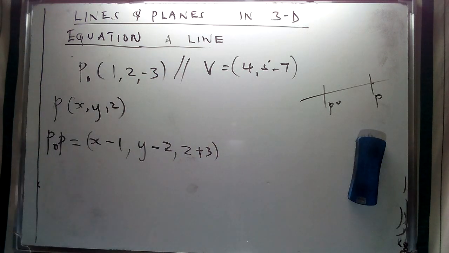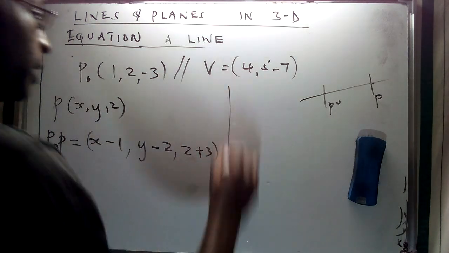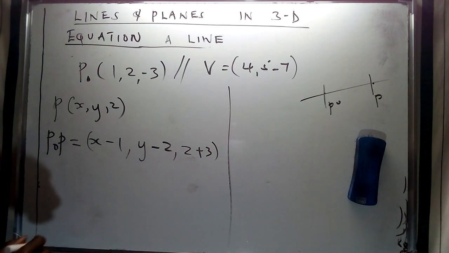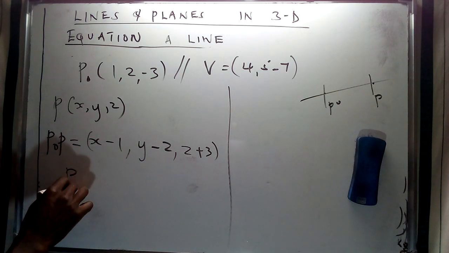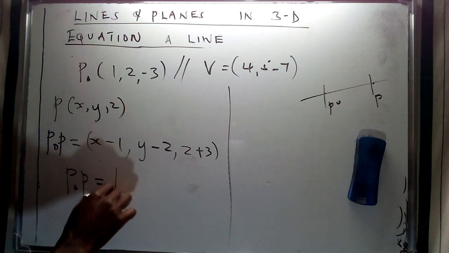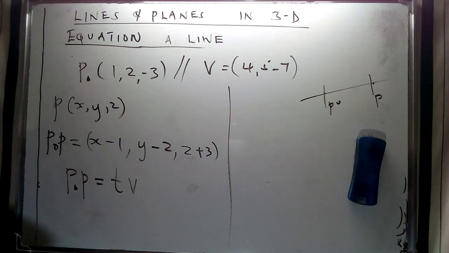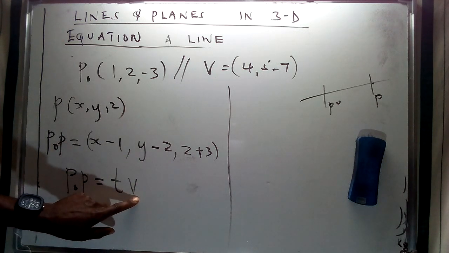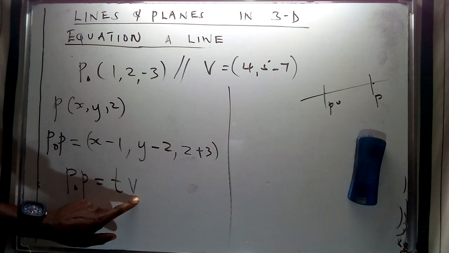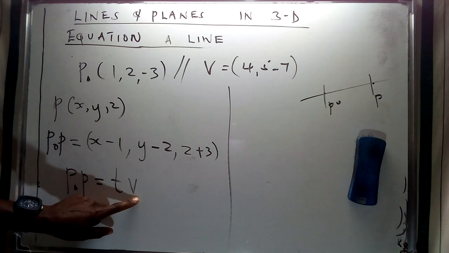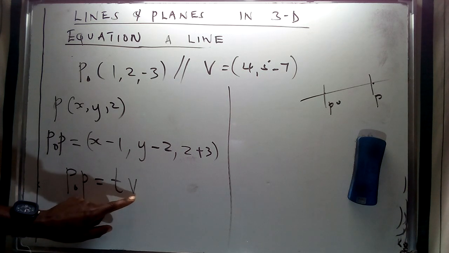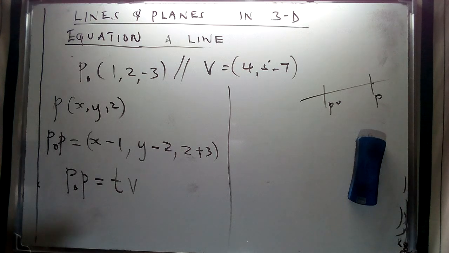To obtain the equation of this line, we express the vector P0P as a multiple of the vector v, which is parallel to that line, with a scalar t.